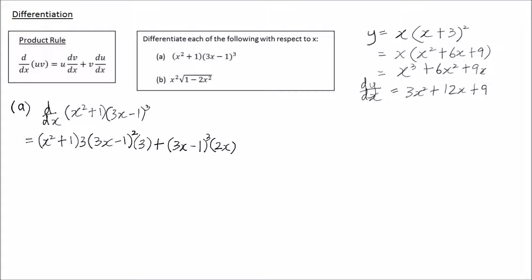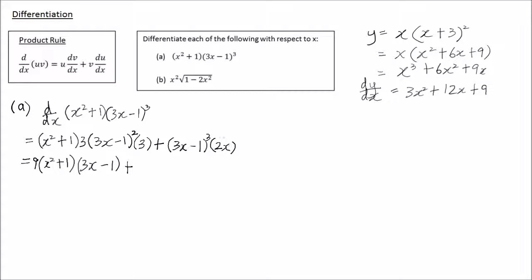Now let's simplify this expression first. 3 multiplied by 3 will give us 9. We can write this in front here and write down this bracket, x squared plus 1, and this bracket 3x minus 1 plus.